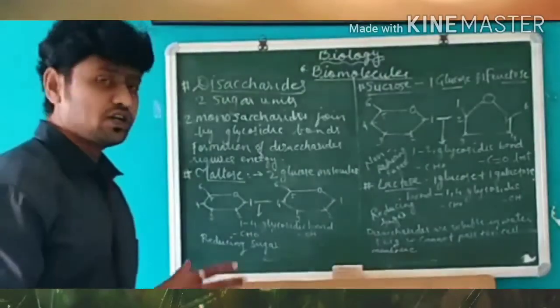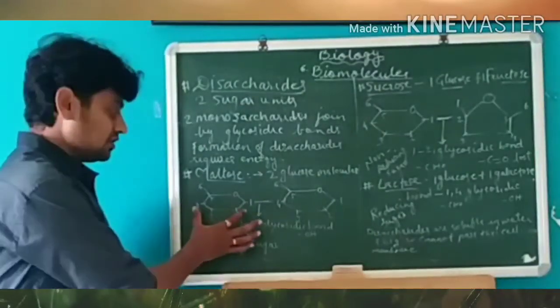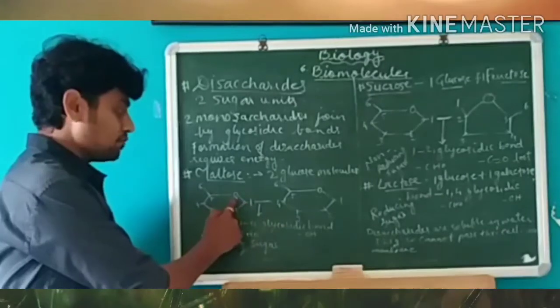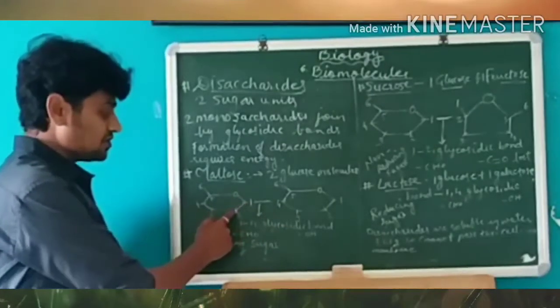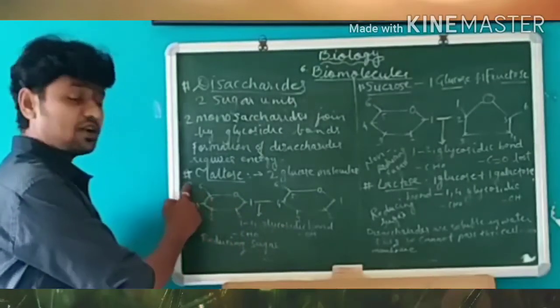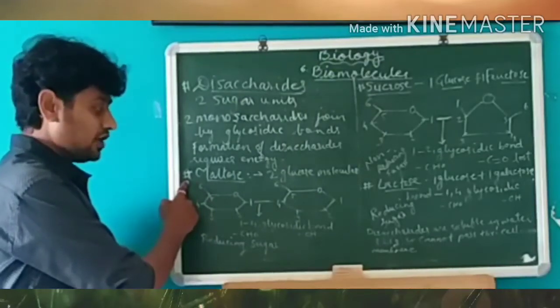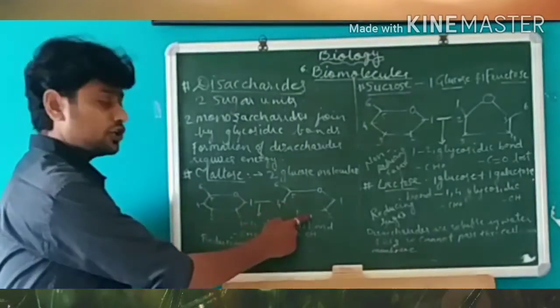Let's try to understand with the help of this ring structure. This is the glucose structure we have studied: oxygen, first carbon, second carbon, third, fourth, fifth, and the sixth carbon is outside, which is the branch. And this is the second glucose molecule, numbered the same way.